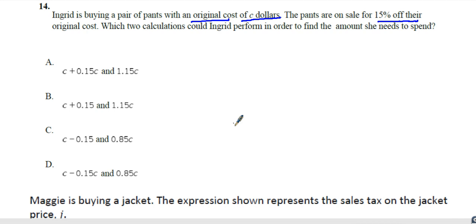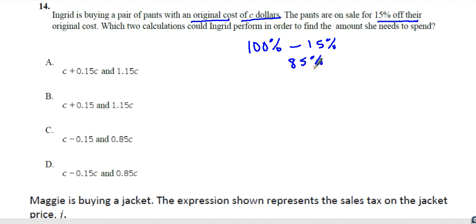15% off can be looked at in two ways. If we're looking at, again, the original cost, it will be 100% of the cost. If she takes 15% off, that's minus 15%, and 100% minus 15% would be 85%.